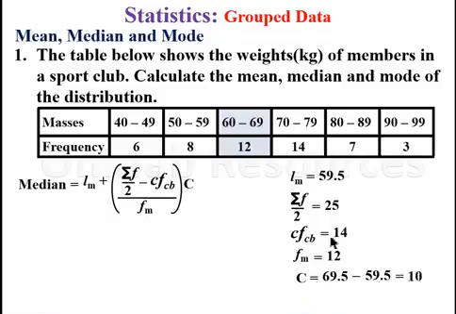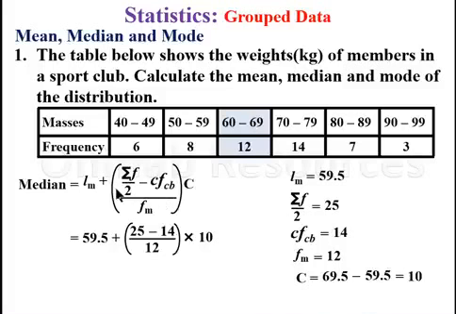We now substitute all these parameters in the formula. So we now have 59.5 plus 25 minus 14 divided by 12, then times 10. So we have 59.5, 25 minus 14 gives 11.